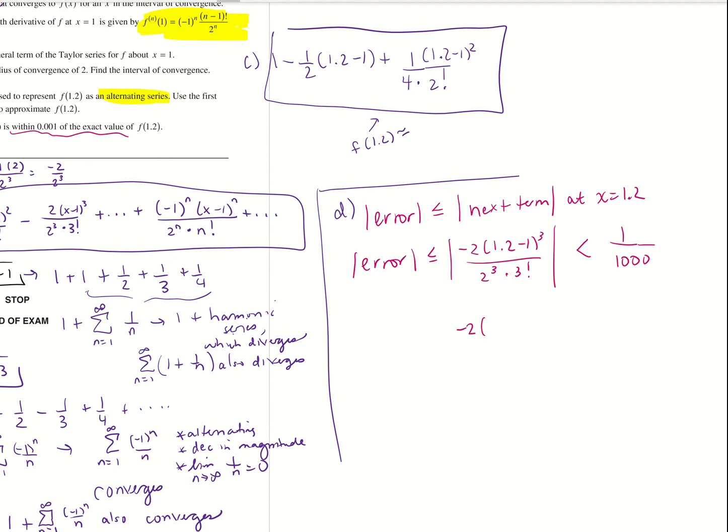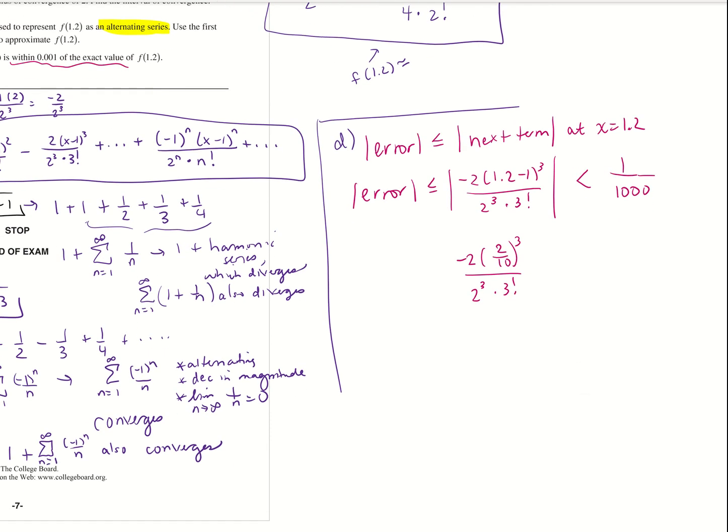But if you wanted to verify it and you had the time, you could think of this as negative 2 times 1.2 minus 1 is 0.2, or 2/10, which would be raised to the third power, and then divided by 2 to the third times 3 factorial. So this would be negative 2, and then 2 to the third on the numerator. And we have a 2 to the third on the denominator.